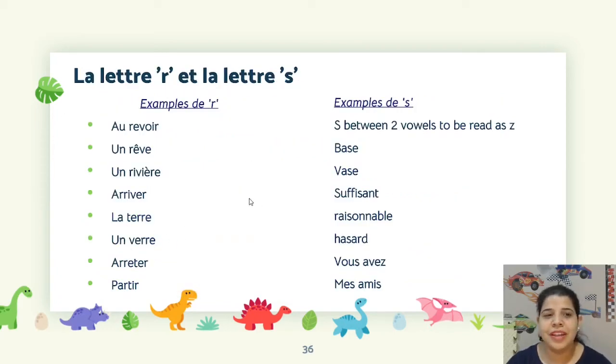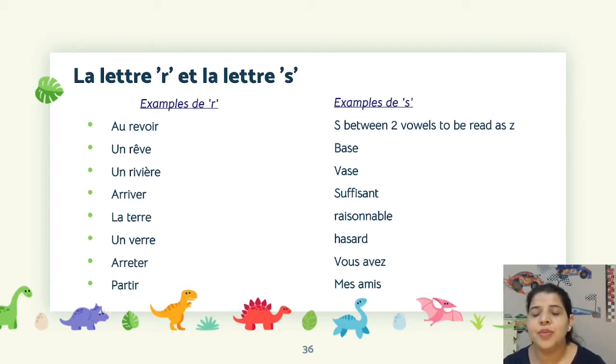Let's move to the letter considered to be the most complicated of the French alphabet, R. Guys, this letter is not that difficult to pronounce in French. It's quite a soft sound.